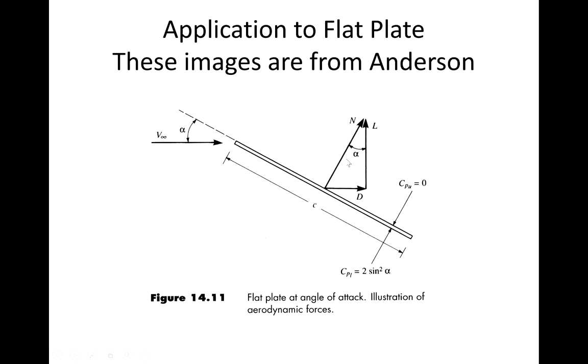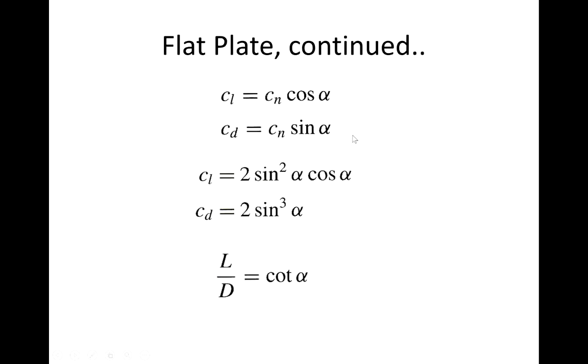Cl will be Cn times cosine of alpha. Cd will be Cn times sine of alpha. Opposite side, hypotenuse. So if you do that, you get Cl equal to 2 sine squared alpha times cosine alpha, Cd equal to 2 sine cubed alpha, and L over D equal to cotangent of alpha.